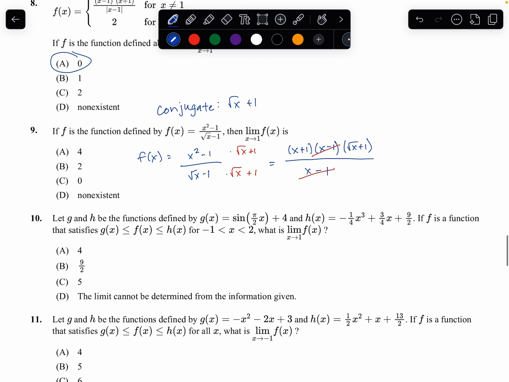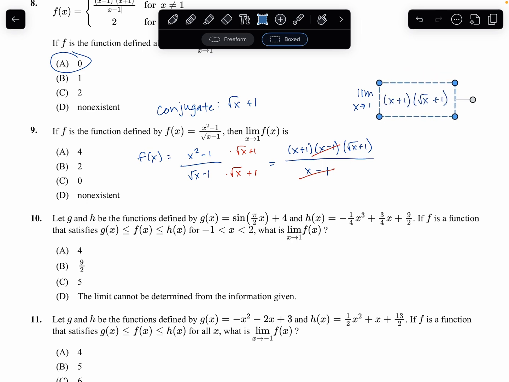So now I'm going to do the limit as x approaches 1 of x plus 1 times the square root of x plus 1. And then now I can plug in 1. It won't be a problem anymore. That's going to be equal to 2 times 2. So that's going to be equal to 4.